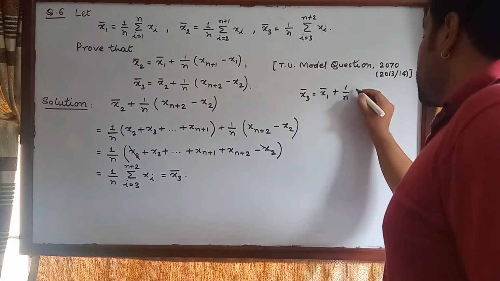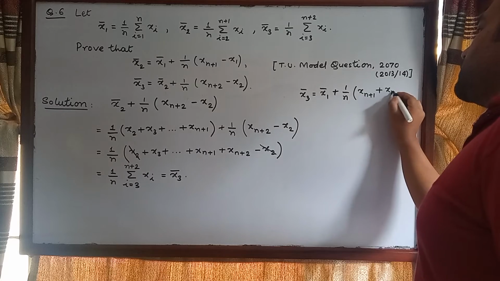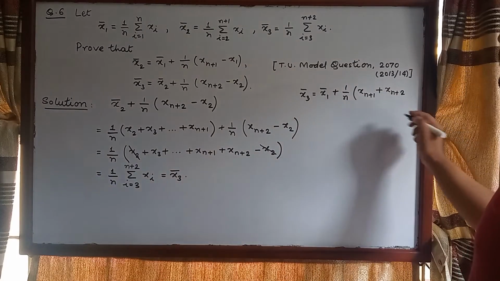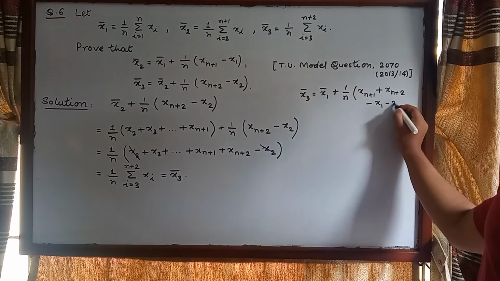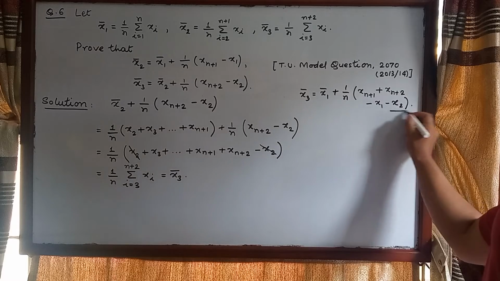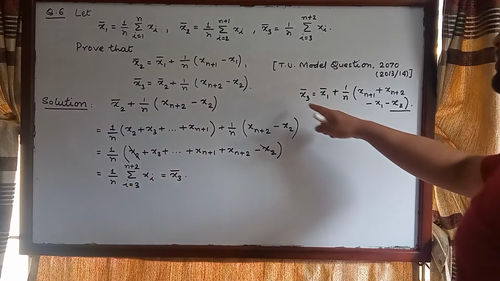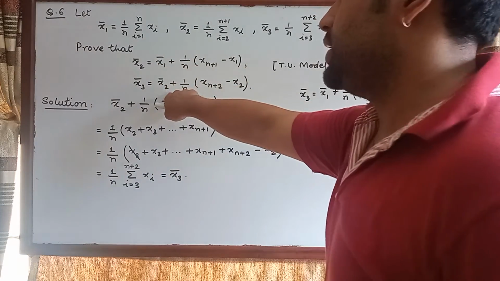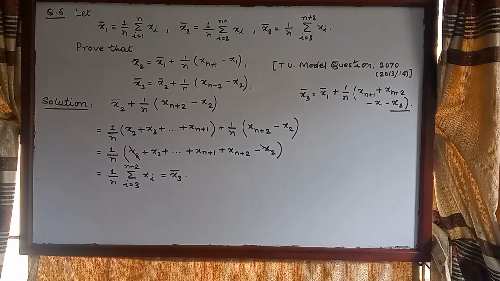So the sum of the last two terms minus the first term and the second term, like this. This is how we can express x3 bar in terms of x1 bar. Just substitute this value here. All right.